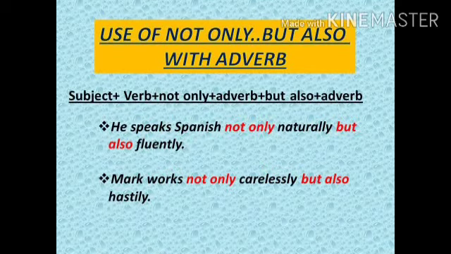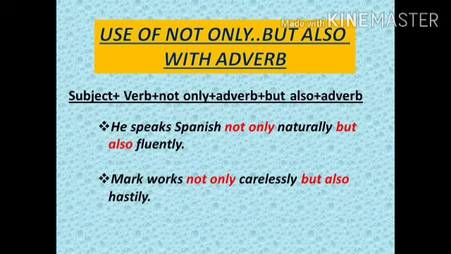Now use of not only but also for adverbs. Structure is subject plus verb plus not only plus first adverb plus but also plus second adverb. Sometimes there are two adverbs in a sentence. In that case, the first adverb will come after not only and the second adverb will come after but also. Let's have a look at these examples. He speaks Spanish not only naturally but also fluently.